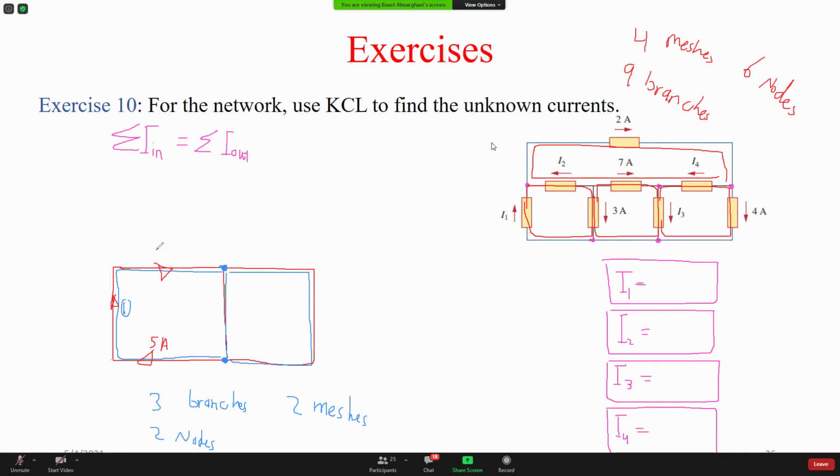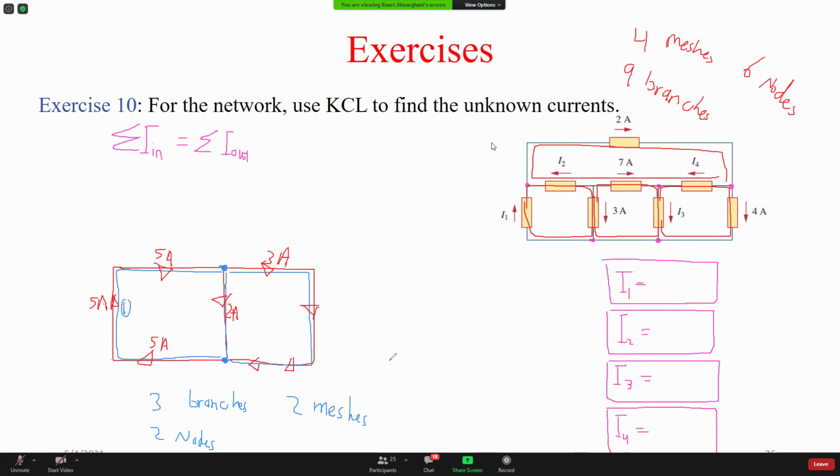It's going to be 5. But once you reach an intersection, maybe it's different. Maybe the current here is 2, and the current here is a 3, let's say. So how many different currents? We have 3 different currents because we have 3 different branches. You can't say I can have a different current here, no. It's 3 going around in this branch.